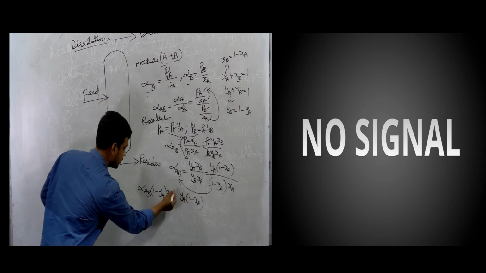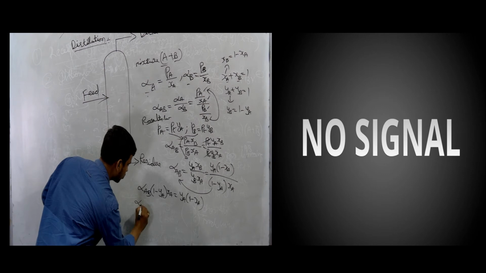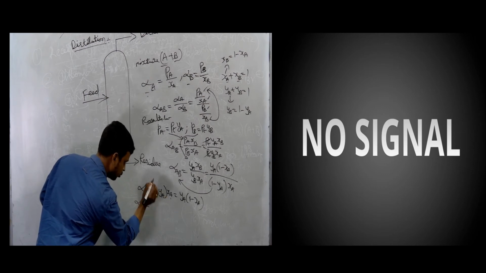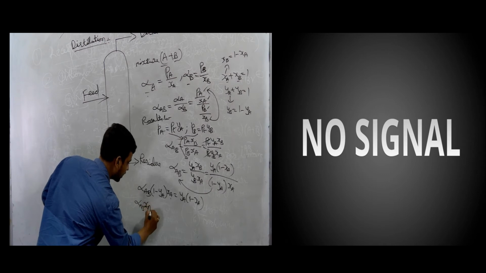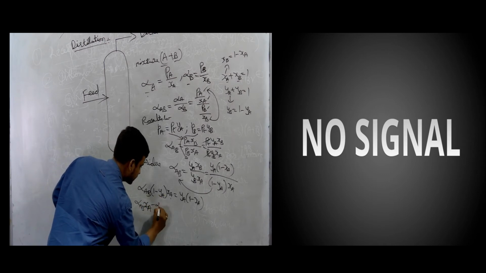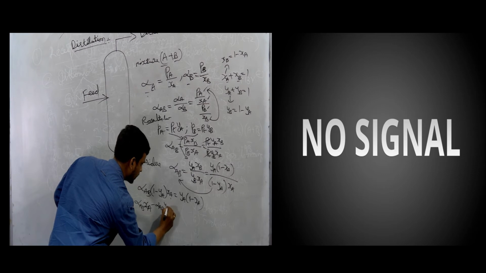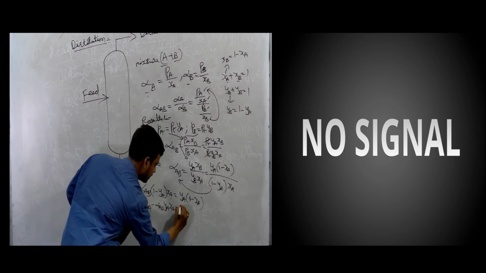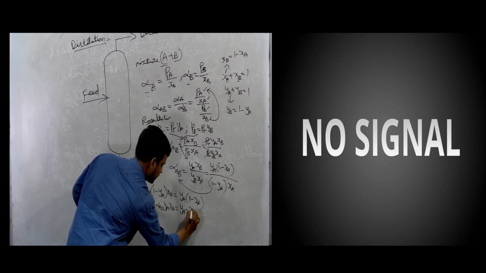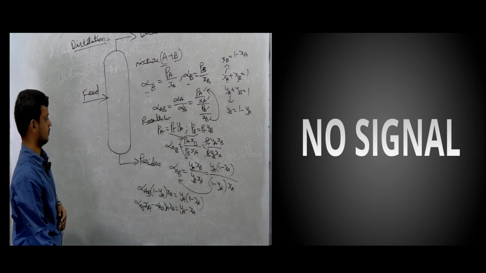Now we can just multiply this out here. So alpha AB into 1 is alpha AB, minus alpha AB into Xa, minus alpha AB Ya into Xa is equal to Ya minus Xa.